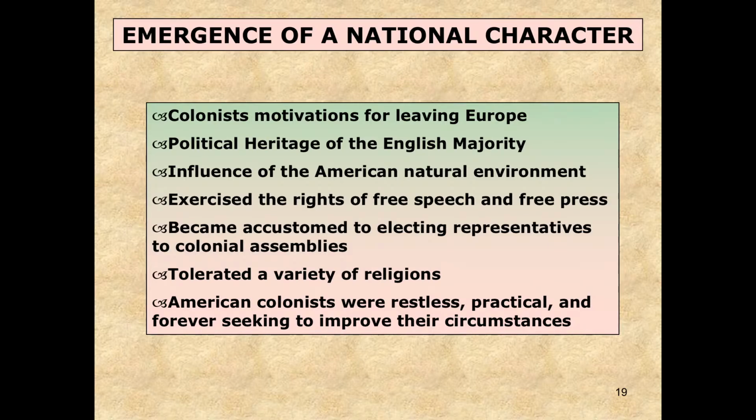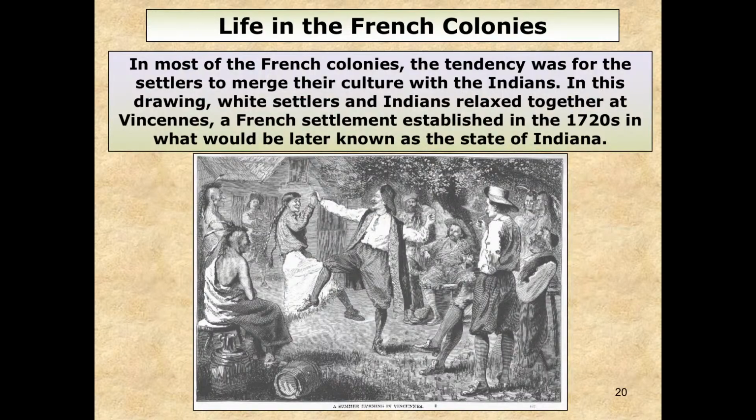So, to understand this major event, the French and Indian War, let's go ahead and get some historical context. Now, let's talk about the French colonies. The French colonies, as we could see from this image right here, they're not fighting with the Native Americans. They're actually living in peace and harmony because the French have developed their colonies in such a way that Native Americans and French colonists often intermarry.